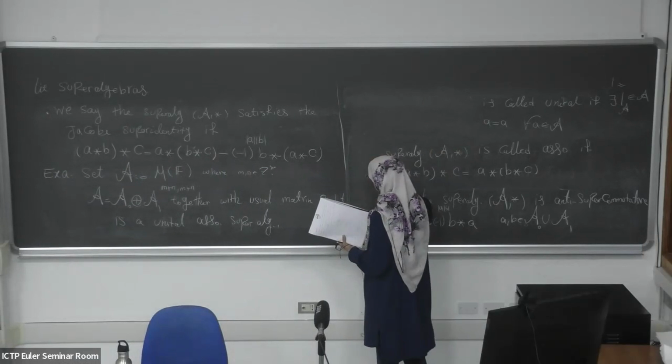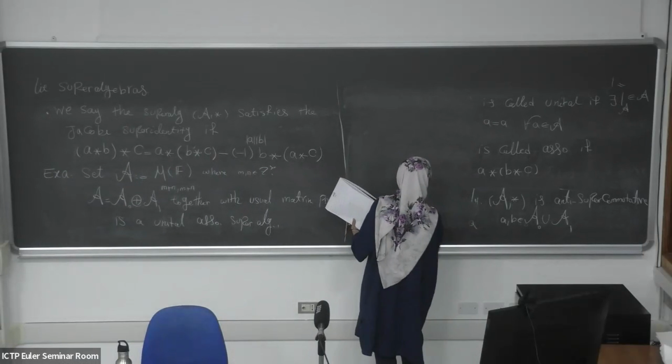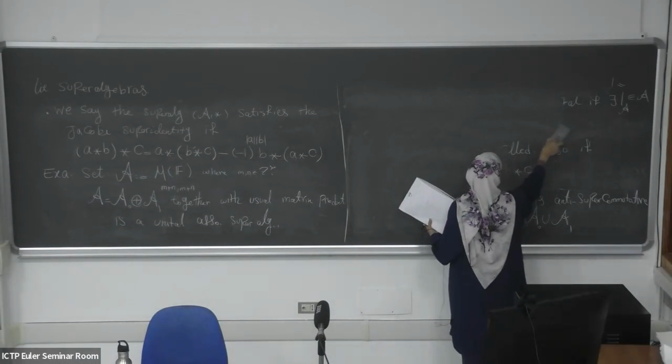The identity matrix is the unit of this associative algebra.